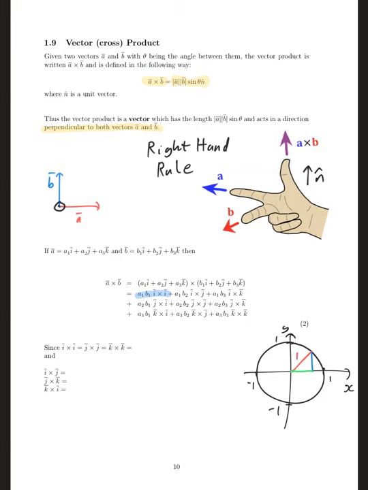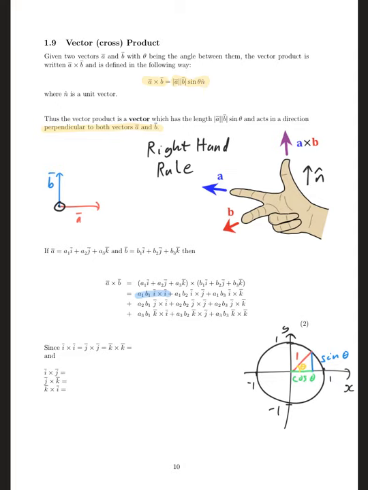If we have some angle down here, let's call it theta, this side up here, the blue side, is going to be sine of theta, and that green side is going to be cosine of theta. Because remember that sine is the opposite over the hypotenuse and cosine is the adjacent side over the hypotenuse. The hypotenuse here is 1, so that green side is just cosine of theta, and that blue side is just sine of theta. So this unit circle thing is just a quick way to figure out what sine and cosine should be, if you can't remember.